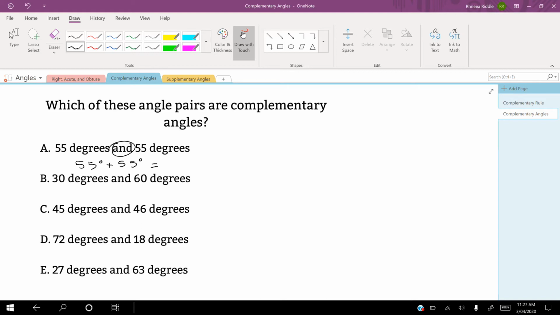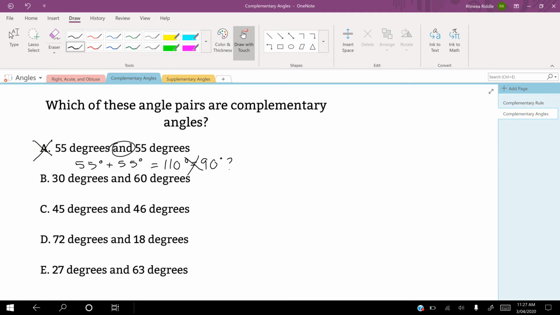So if we add 55 to 55, we're going to get 110 degrees. Now we have to ask ourselves, is that equal to 90? The answer is no. So this first one is not a complementary angle.